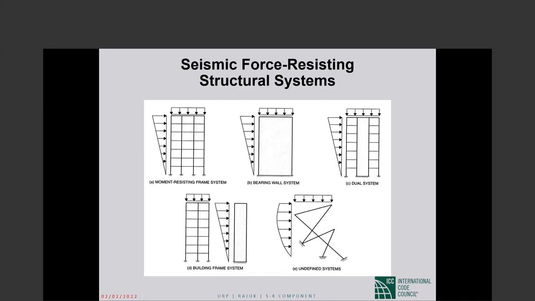Okay, so moment resisting frame system, beam column frames or slab column frames, as the case may be, resist 100% of the gravity loads and 100% of the lateral loads. 100% of the gravity and 100% of the seismic forces, with no shear walls doing anything for you.